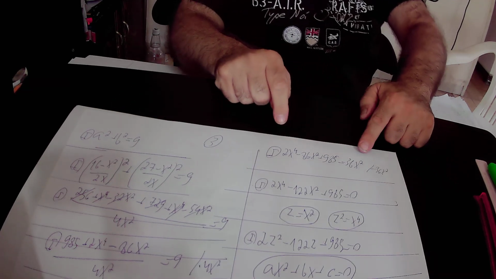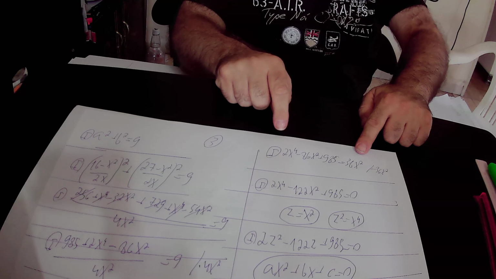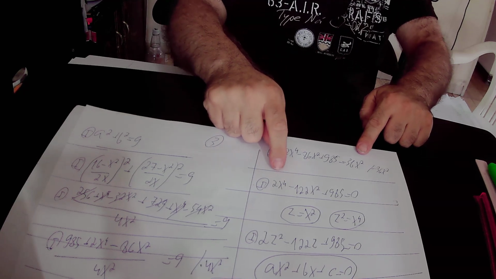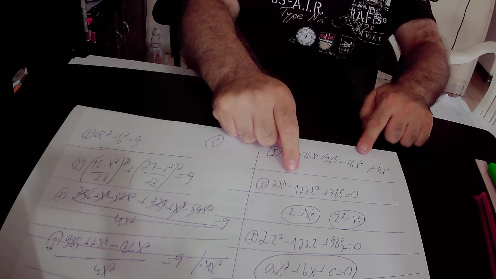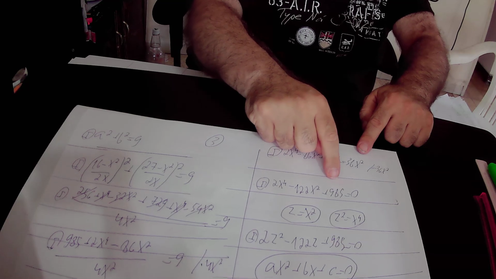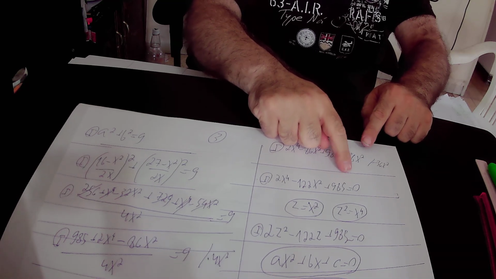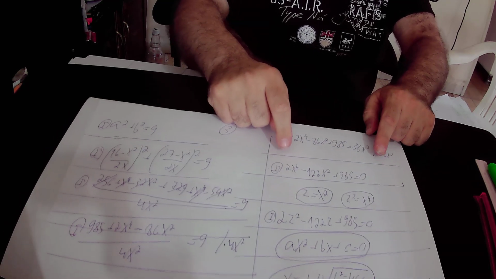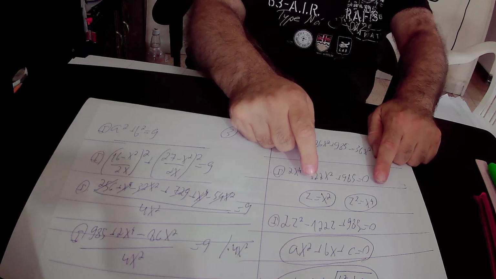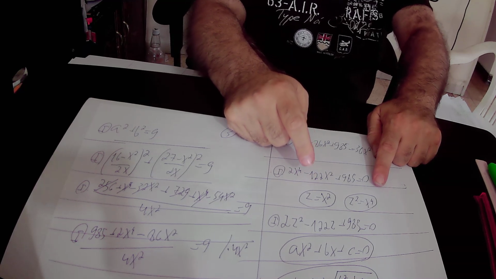Here we subtracted 36x squared from this equation, and found that 2 times x to the power of 4 minus 86x squared minus 36x squared is minus 122x squared, plus 985 equals 0. Then we define z as x squared. If z equals x squared, it means that z squared equals x to the power of 4.